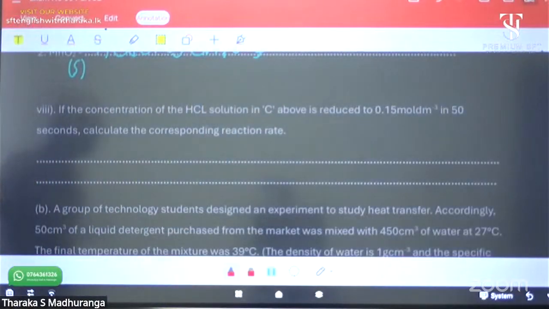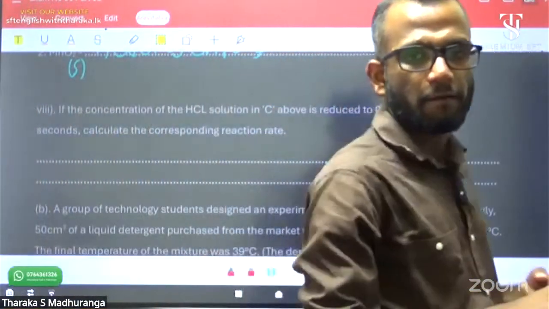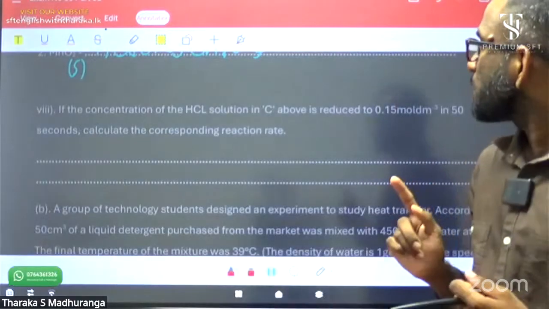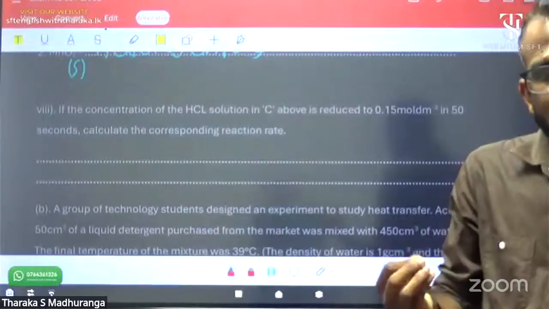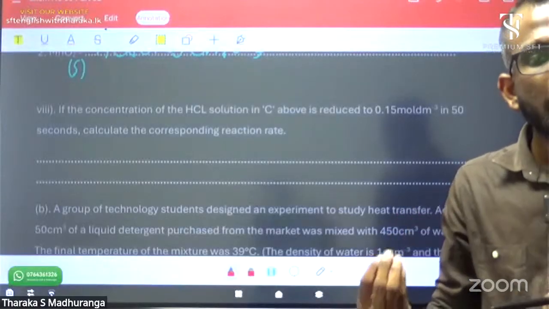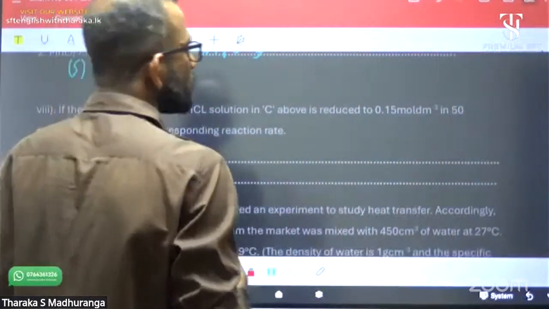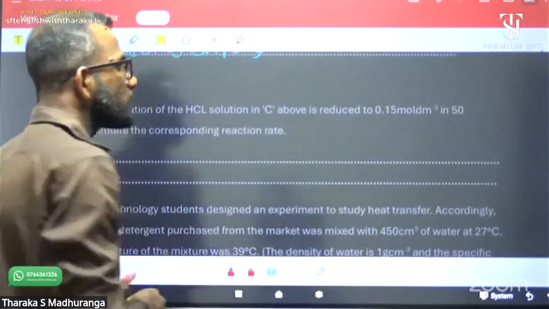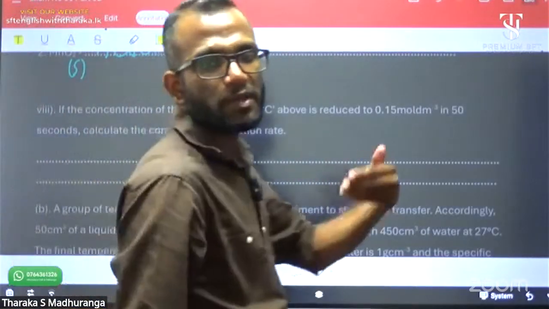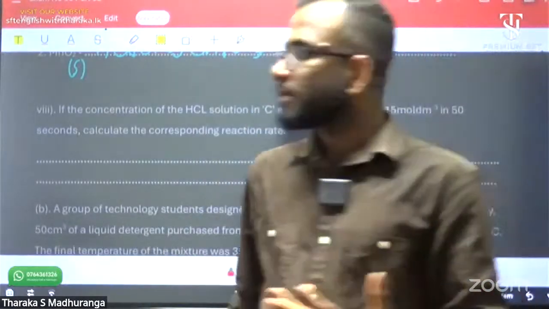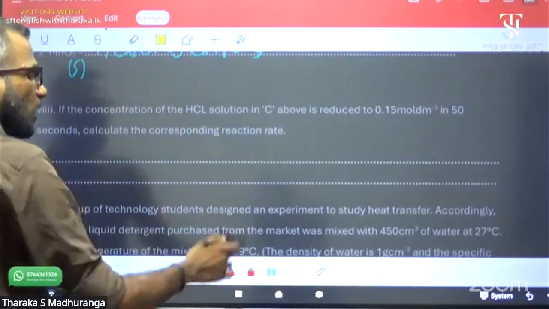If the concentration of the HCl solution in C above is reduced, now HCl is a reactant, and reactant concentration is always decreasing. That's correct, right? Reduced to 0.05 mol dm^-3 within 50 seconds. Calculate the rate of chemical reaction for the corresponding reaction. Then how to get the rate?